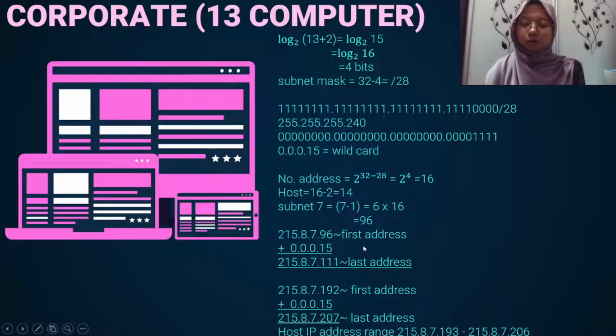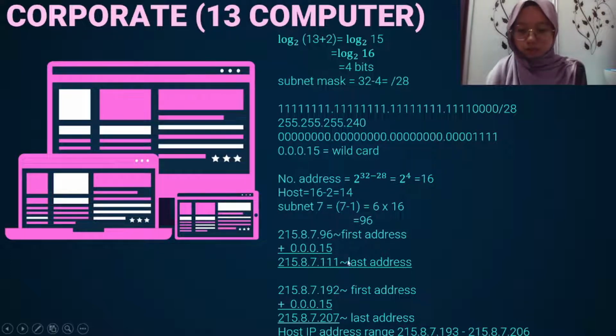So for the 96, we will put it into the first address. This is our IP address, and we just put 96 in the fourth octet of our first address. So this is our wildcard. The first address must be added to the wildcard to get the last address.